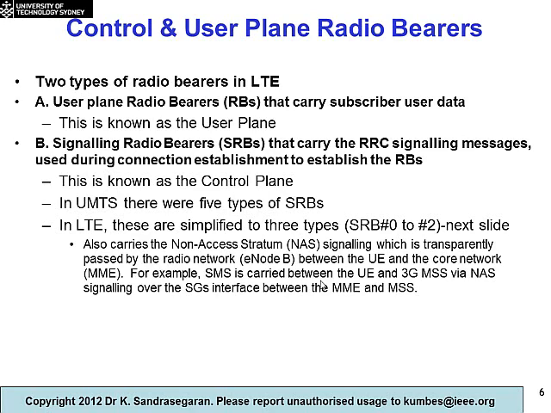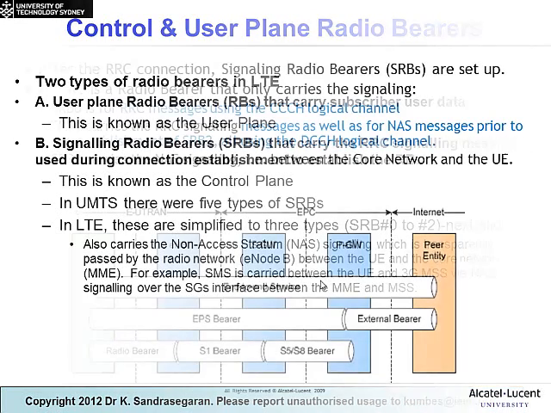So those two pieces of information are handled separately. In terms of signaling, in UMTS we saw there were 5 types of bearers that we could have for signaling, whereas in LTE they've simplified it, and there are only 3 types of bearers that you can have, and we'll discuss them in the next slide.